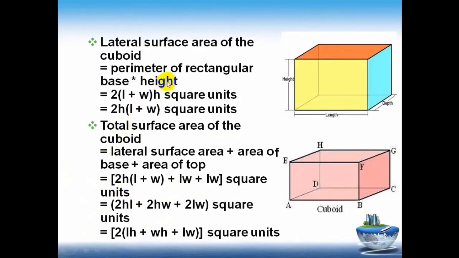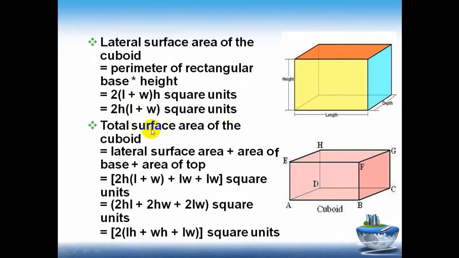The lateral surface area of the cuboid is equal to the perimeter of the rectangular base multiplied by height, which is equal to 2 times (length plus width) times height square units. We can write this as 2h(l + w) square units.